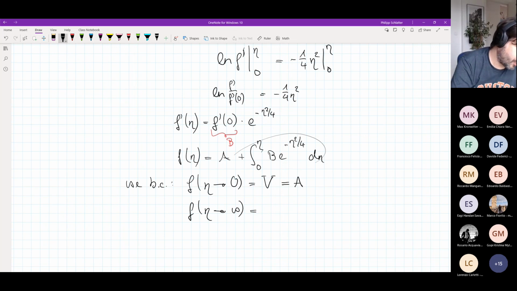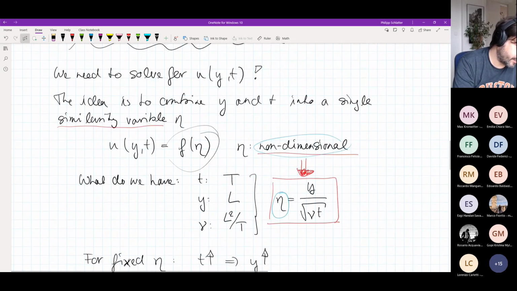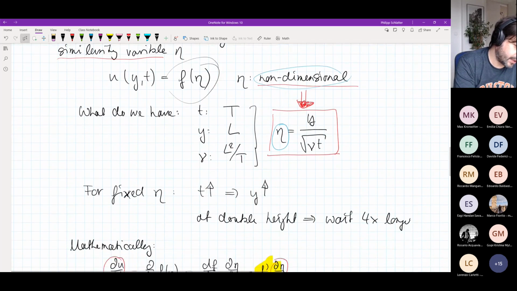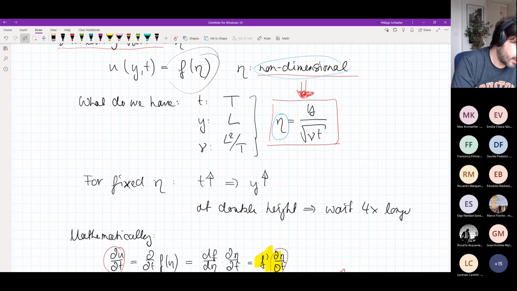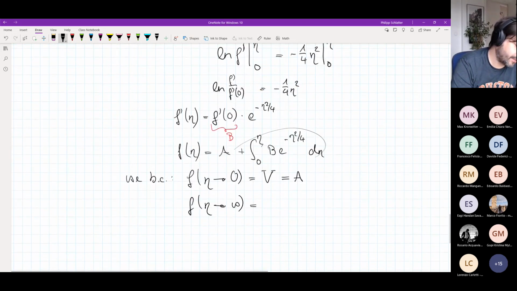Now, the second point here, when eta is going to infinity, as I said before, this would happen either when y is going to infinity, so far away, or if the time is going to 0. Well, we can think of both of them.